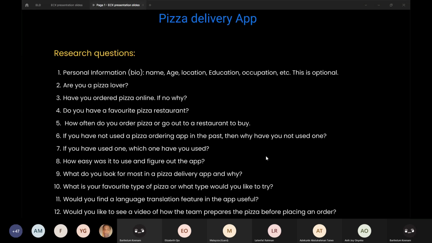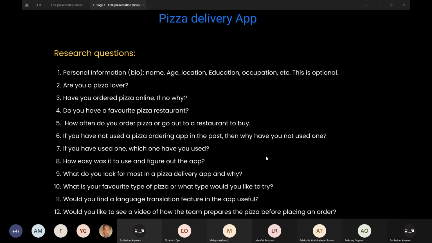Another question, considering a pizza delivery app, is you need to know what the users actually think about this app. Let's just say a live case scenario. I want to build the pizza delivery app. I don't know whether users actually like ordering food or pizza online.